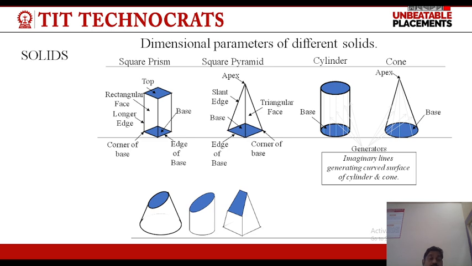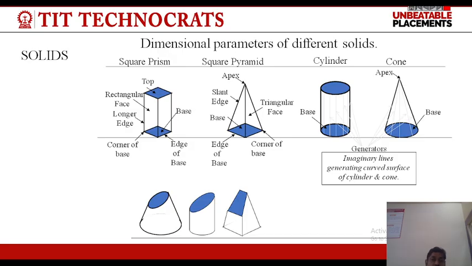When we cut any object inclined with the axis, it is a truncated solid. The basic difference between a frustum and a truncated solid is that in a frustum the cutting line is parallel to the base, and in a truncated solid the cutting line is inclined to the axis.